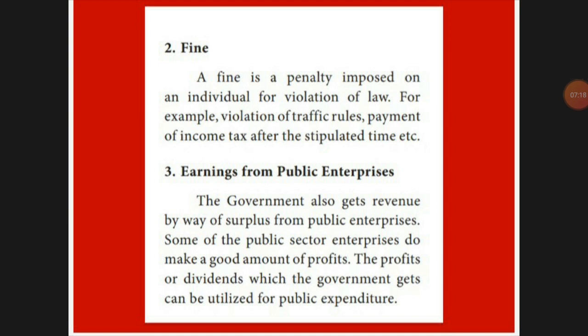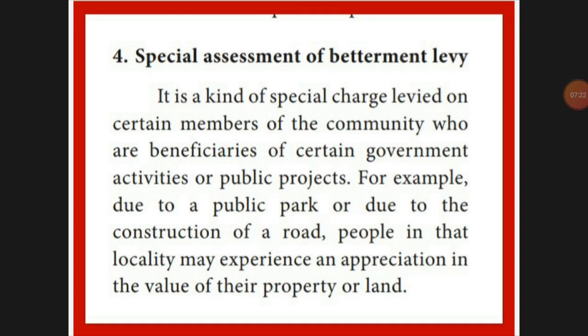Next is gifts, grants and aids. Gift, grant and aids in the sense the state government or central government have to pay to the government authority. That means to carry out their functions of a government, they have to pay some grants to the functioning of that government local authority.